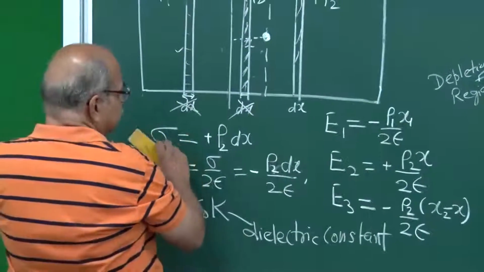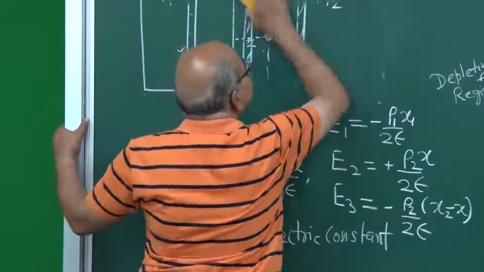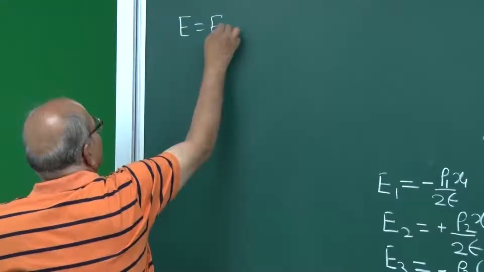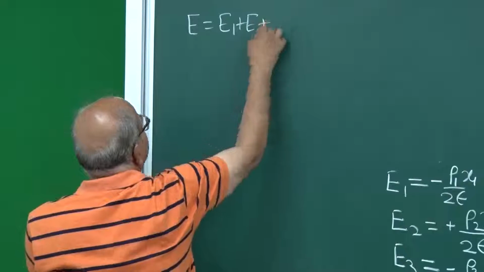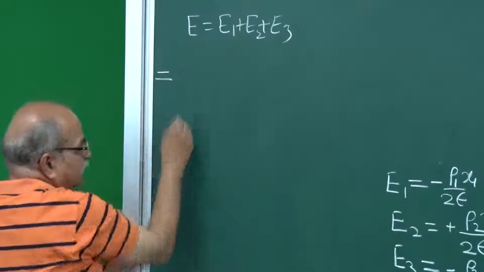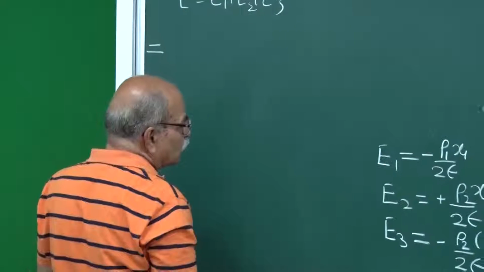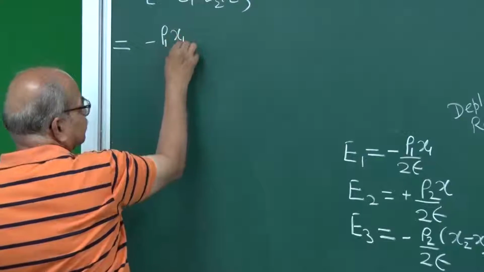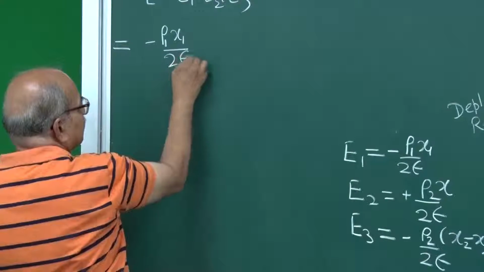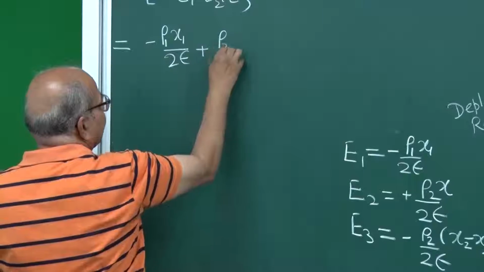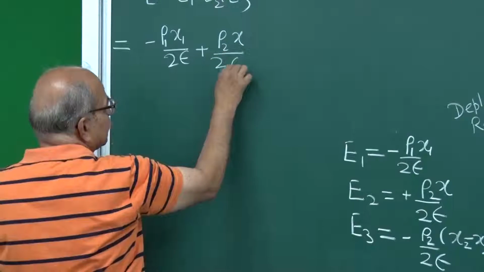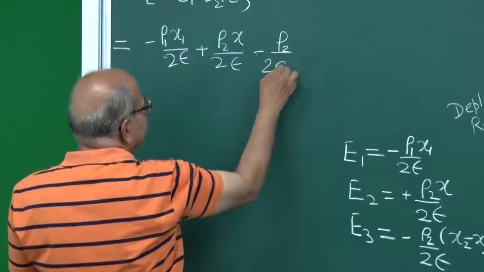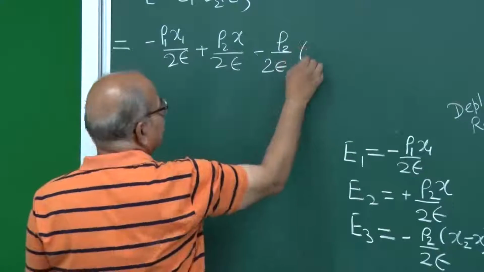So the total electric field will be E1 plus E2 plus E3, and that is minus rho 1 x1 over 2 epsilon naught, plus rho 2 x over 2 epsilon naught, and then minus rho 2 over epsilon times x2 minus x.